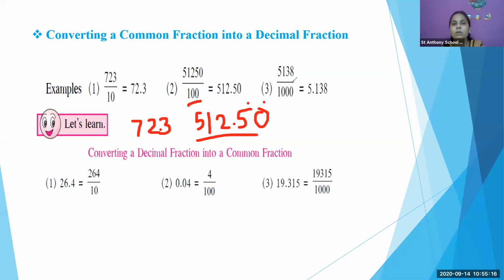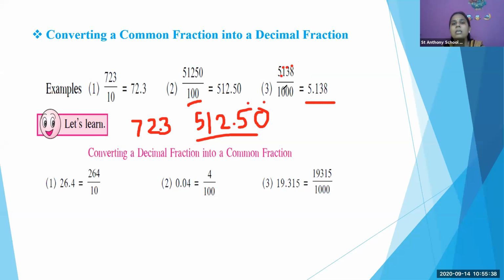Now here 5138. Now count the zeros: 1, 2, 3. Three zeros are there. So count the digits from the unit place: 1, 2, 3. So where will our decimal point be? Here. So 5.138 is our answer.